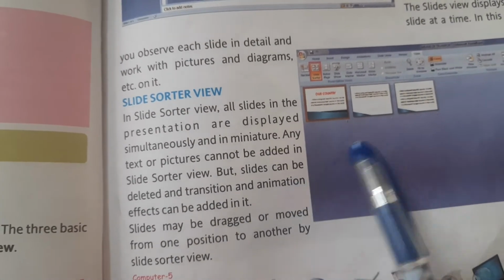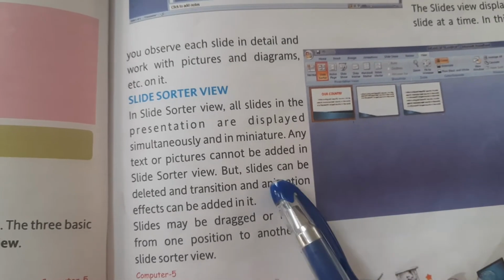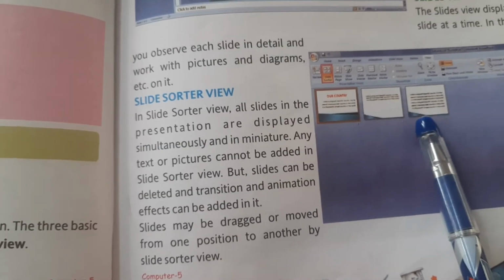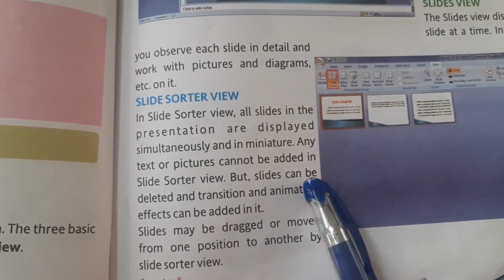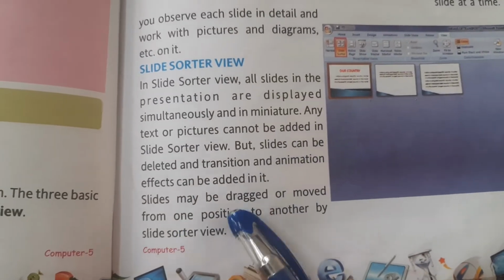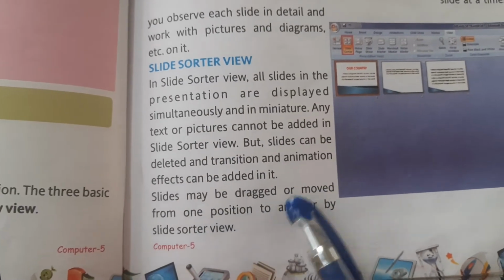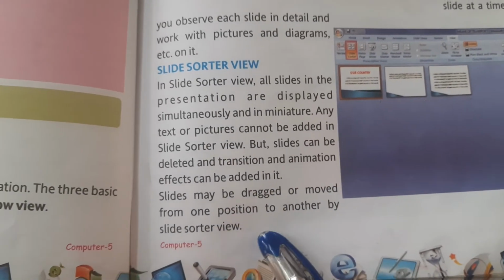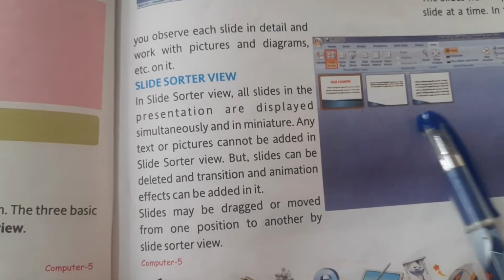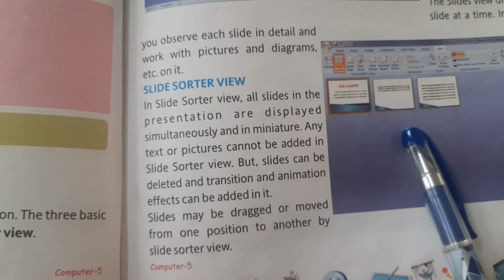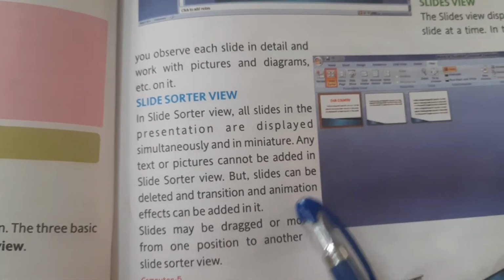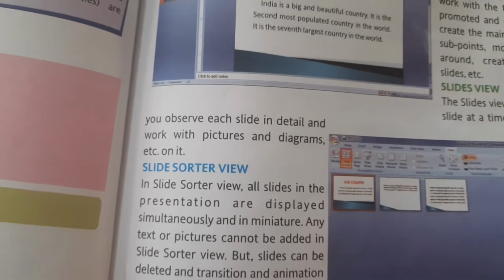Then you can work on the transition, and you can work on the animation effect also. All these terms have been explained to you in the class in detail. Slides may be dragged or moved from one position to another in slide sorter view. So automatically when we are sorting the slides, we can move them from one place to another in this view, or they can be dragged also.